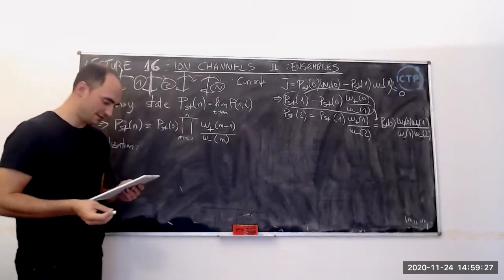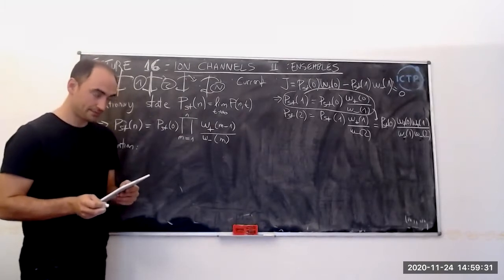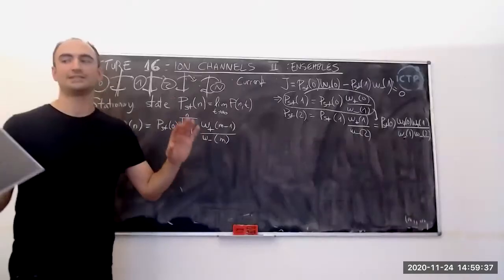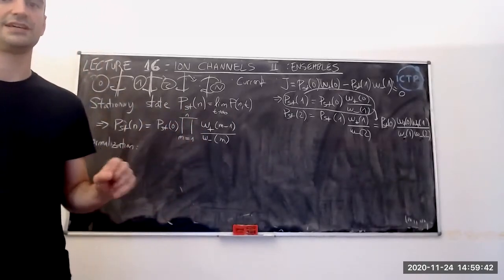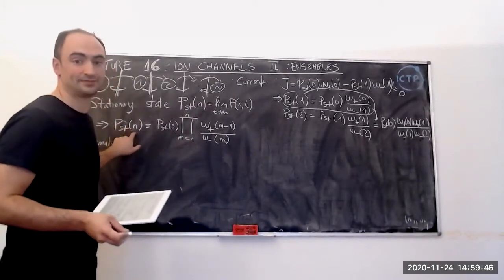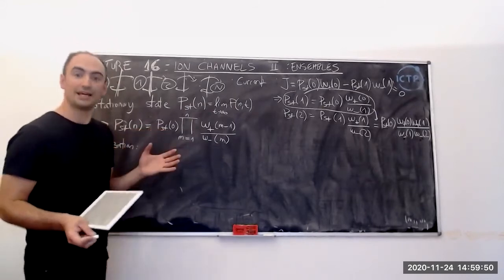Can anyone say? I'm sorry, could you repeat that? How does the normalization condition write for this case? We have this distribution, P stationary n. When I tell you it's normalized, what does it mean?